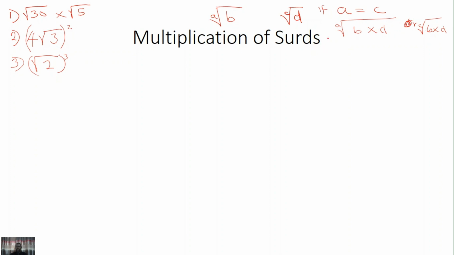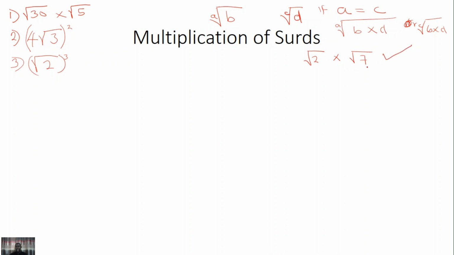For example, if you have two expressions in which you have root 2 times root 7, these can be multiplied together.